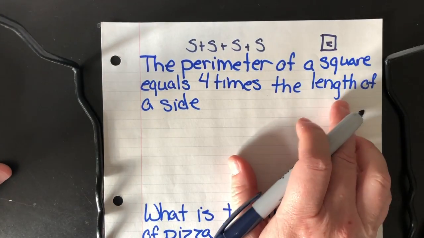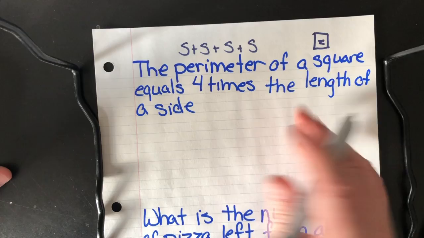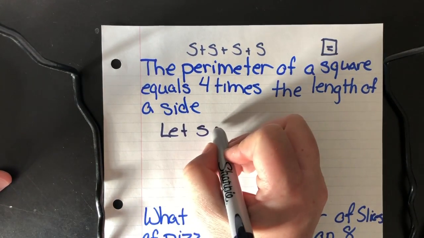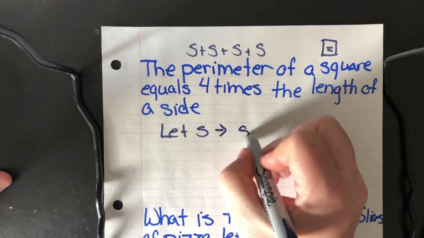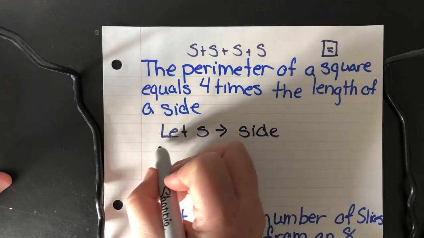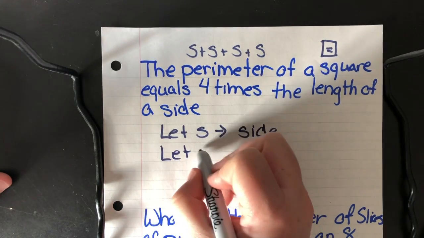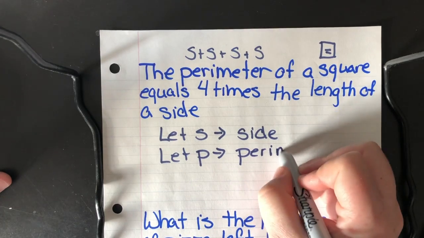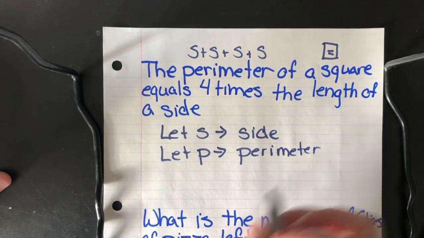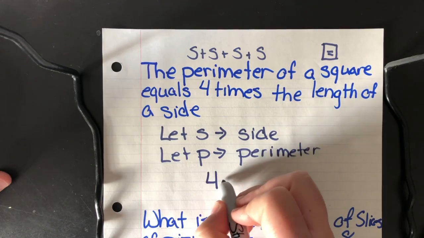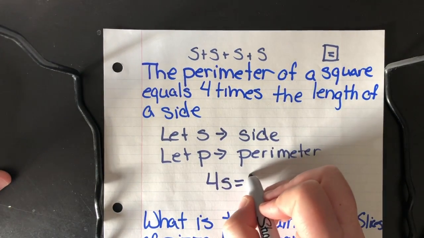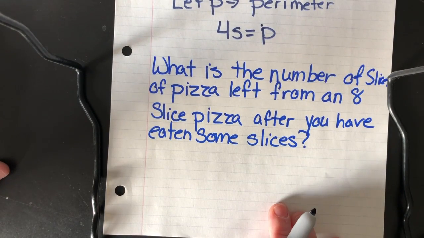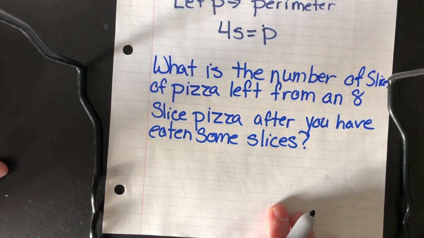So 4 times the length of a side, so let S be side, let P be perimeter, and my equation is 4S equals P.